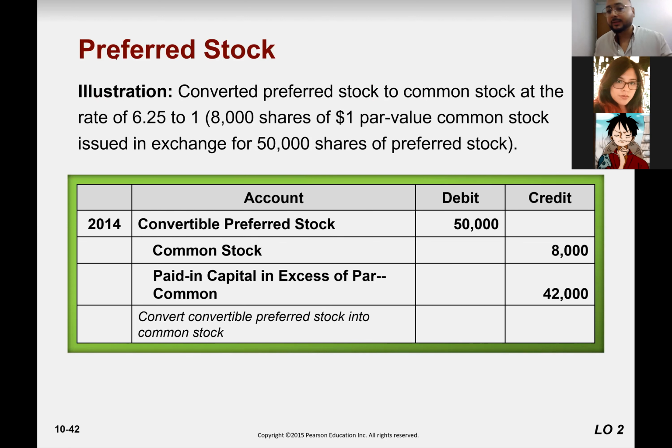So when it is converted into common stock, preferred stock converted to common stock at a rate of 6.25 to 1, which means 8,000 shares of par value $1 common stock are issued against 50,000 shares of preferred stock, which means those who are holding 6.25 preferred shares will be given 1 common share, right?